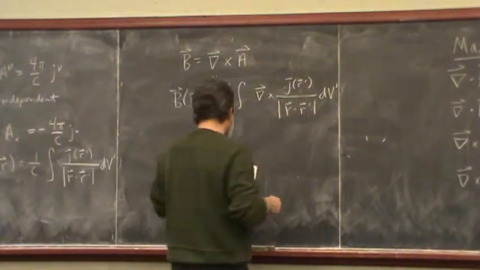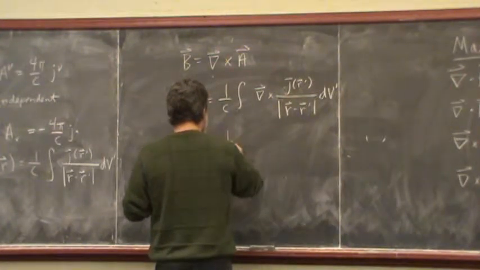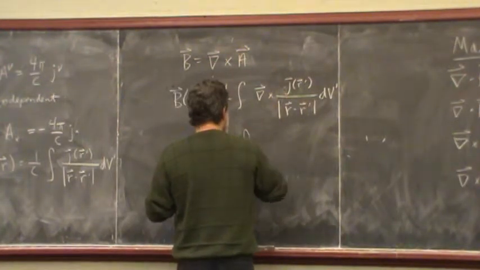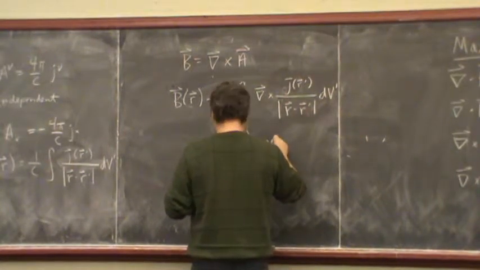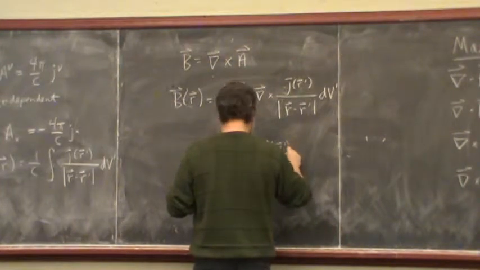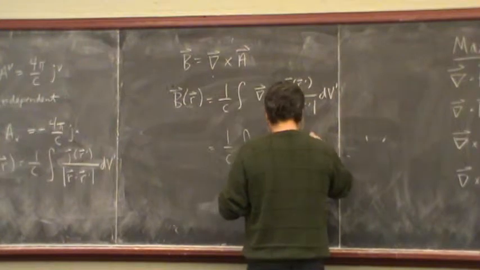I guess I'll write it like that. That this equals 1 over c, the integral of J, there should be a minus sign appearing here. Oh, I know where it came from.